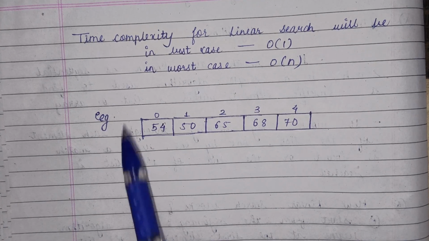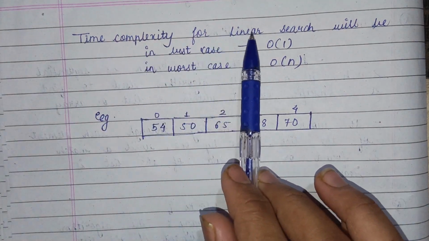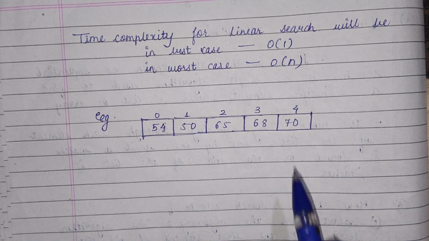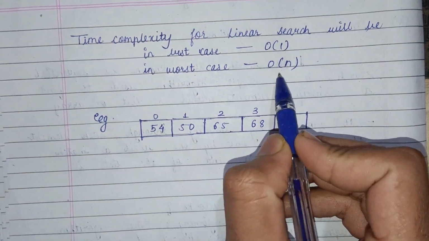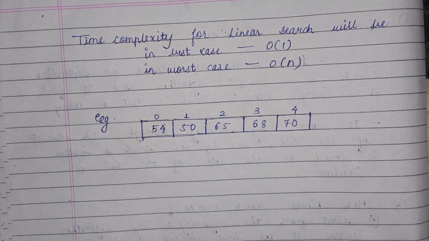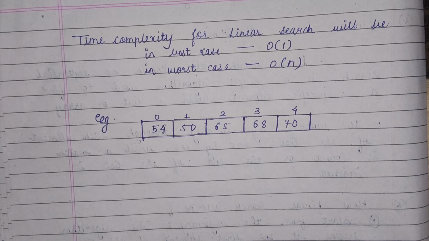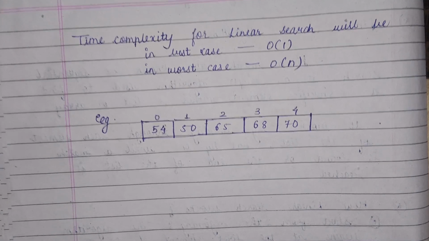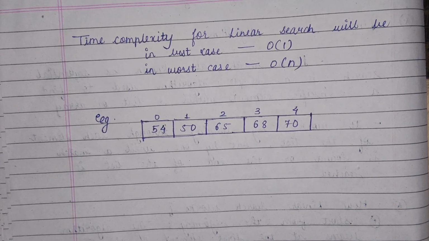So the time complexity for linear search will be, in the worst case, big O of n. If the element which we are finding is present at the last of the array, it will take more time to find that targeted element.